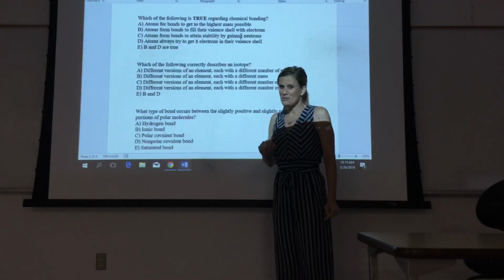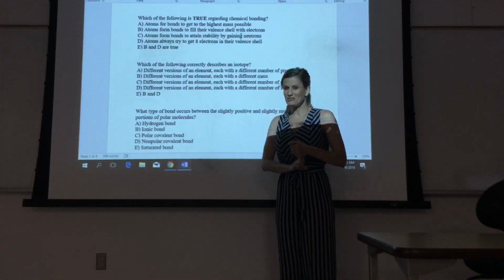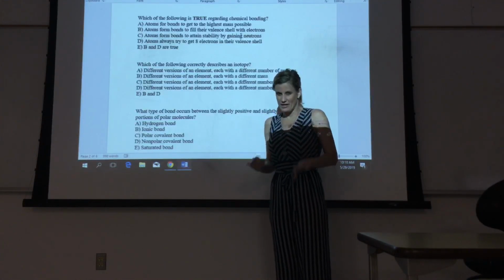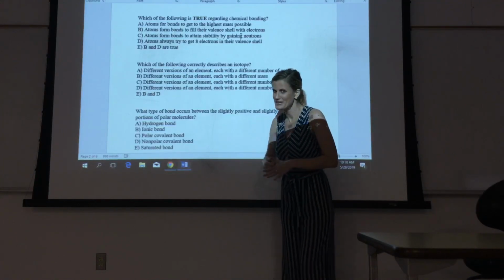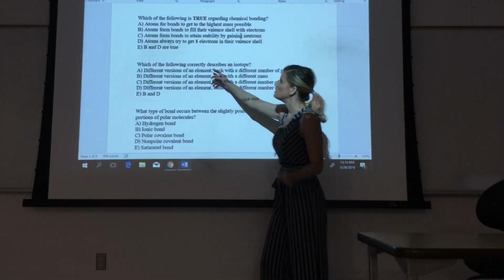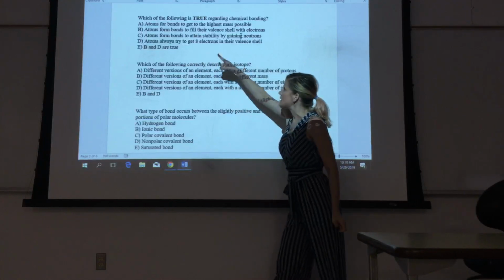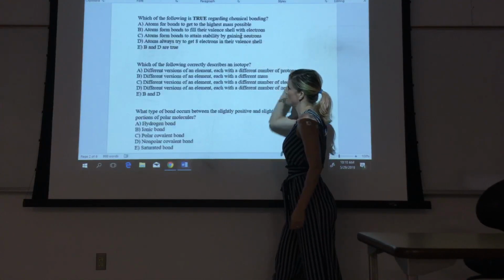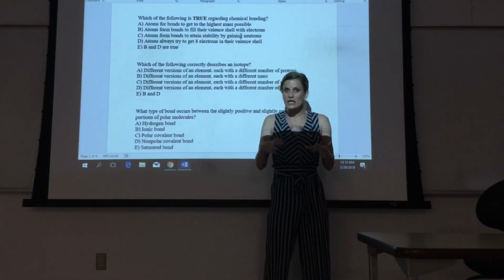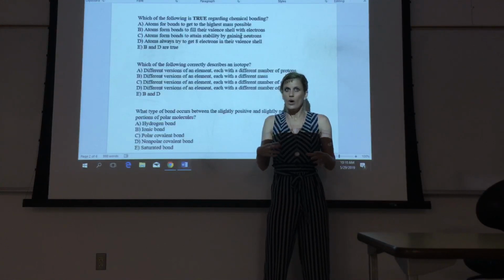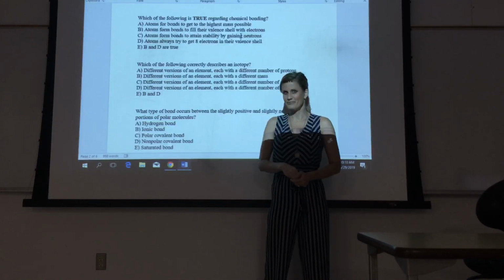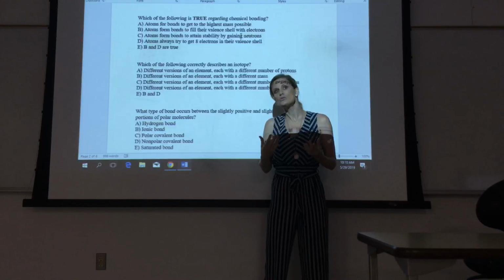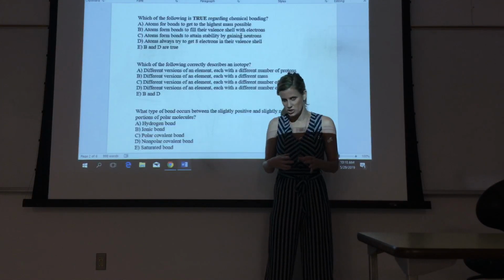Atoms always try to get 8 electrons in their valence shell. First off, anytime you see always or never, be wary of it, right? There's frequently exceptions. So that's weird right off the bat. But look at this, always try to get 8 electrons in their valence shell. Remember, each of the shells holds a different number of electrons. So they always want to fill their valence shell.